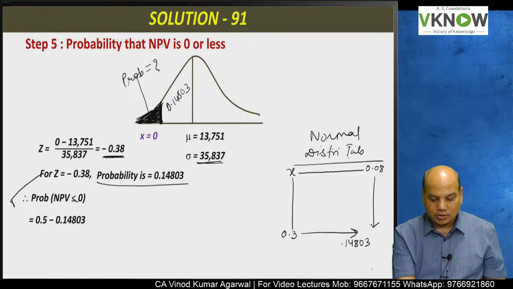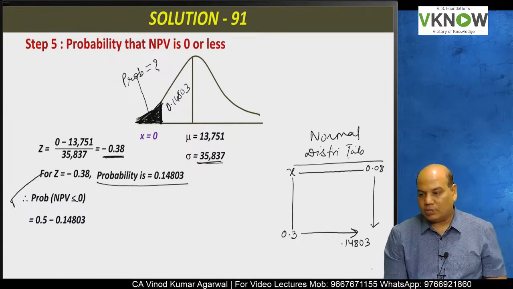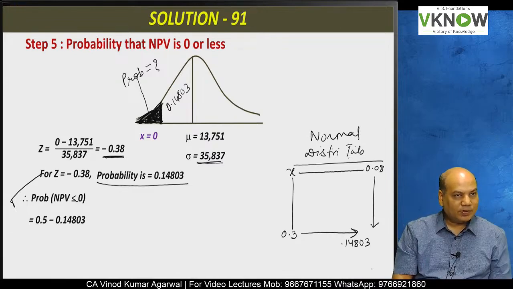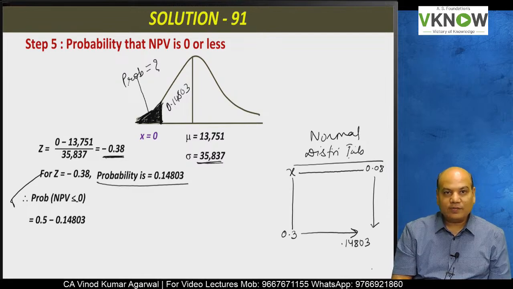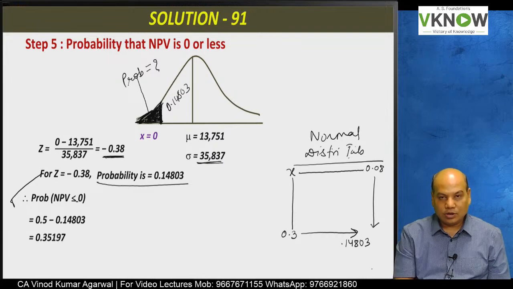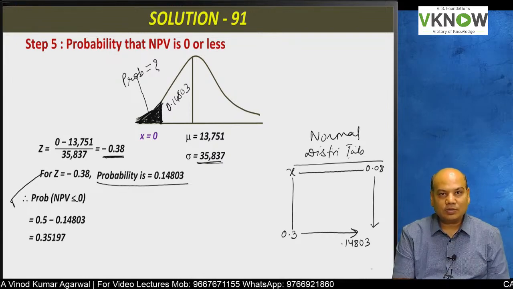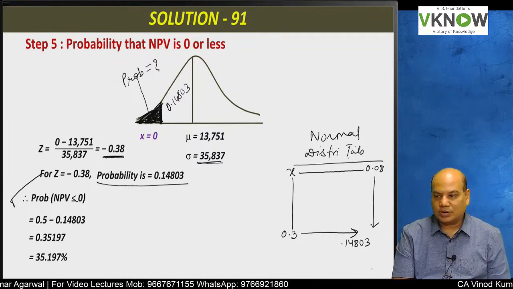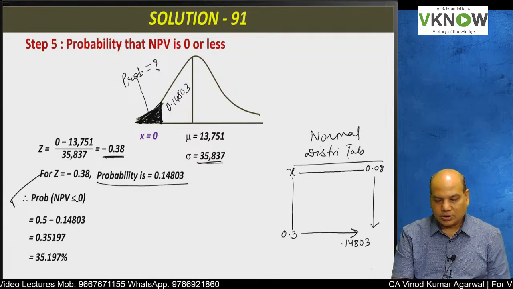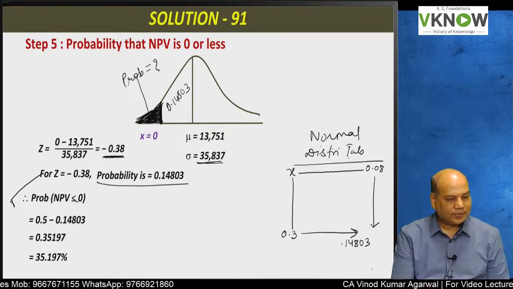So last line write down for this answer, probability NPV is less than or equal to 0 is 0.5 minus 0.14803 equal to 0.35197. Also write in percentage, 35.197%. This is my answer of probability that NPV is 0 or less.